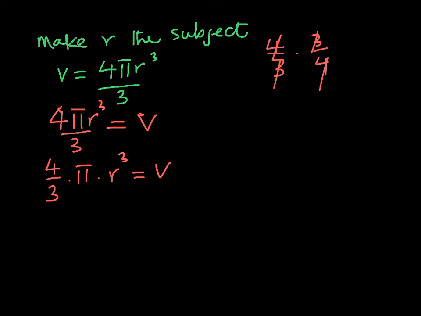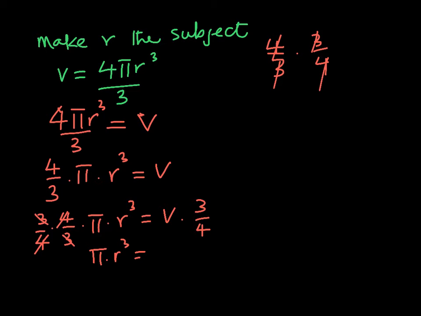So that's 3 over 4 multiplied by 4 over 3 multiplied by pi multiplied by r cube is equal to v times 3 over 4. You don't want to forget that. So this will cancel out, and then the 4's will cancel out. So we are left with pi times r cube is equal to 3v over 4.